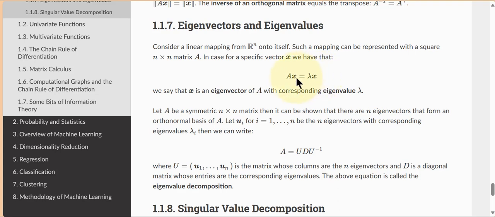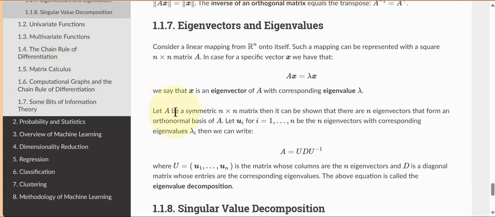We just said that's an eigenvector for A. But we might ask, how many other eigenvectors are there, not parallel to x, but in some other direction? Maybe there are other ones. So how many are there? If A is symmetric, it can be shown that there are n eigenvectors, and not only that, but they form an orthonormal basis of A.